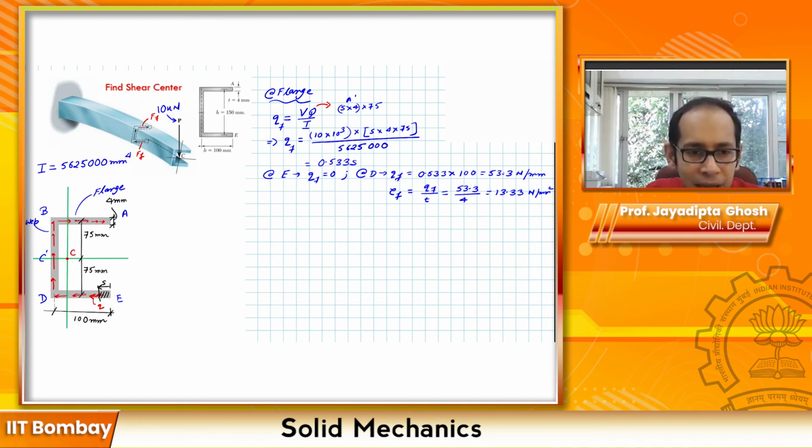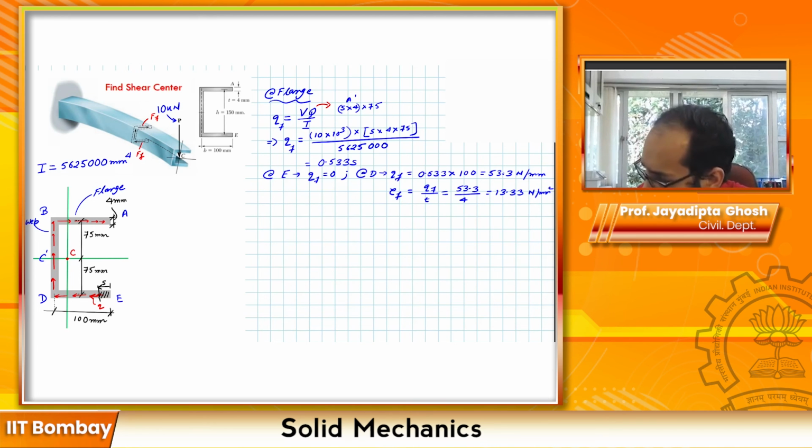Right? Now next, at the point D, now when I'm coming to the web, whatever was in the flange, just like the flow of water, at the point D I'm going to have a horizontal jutting out portion here as well, which is going to be your 13.33. So my next point of interest is C prime over here, and I know from D to C prime the variation is going to be parabolic. So let me calculate the point estimate at C prime before drawing the figure.